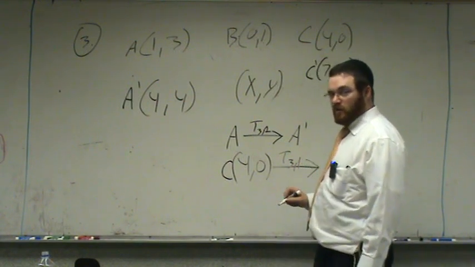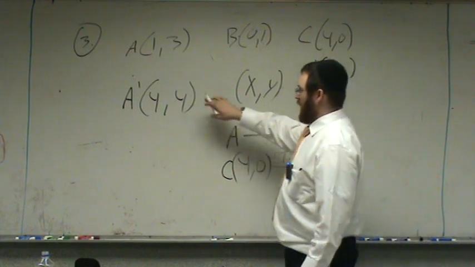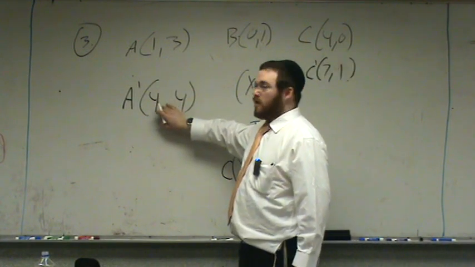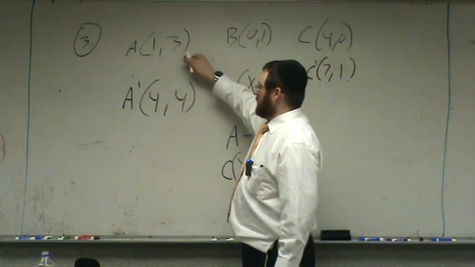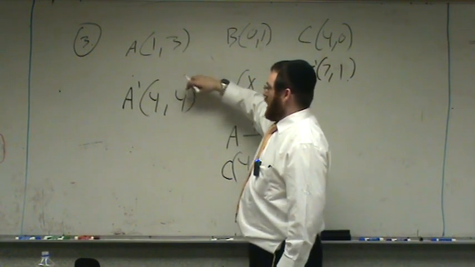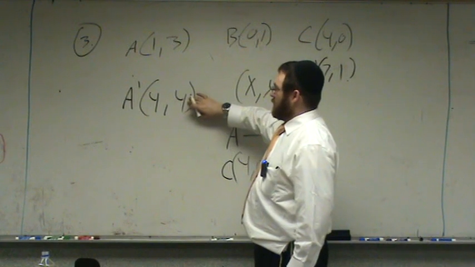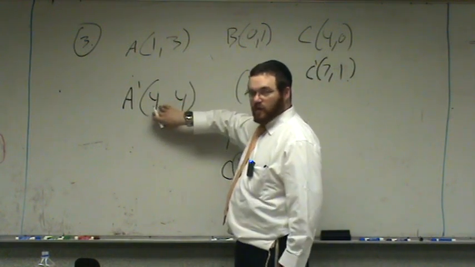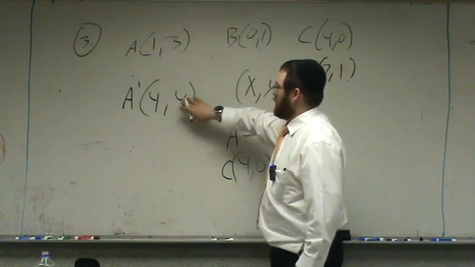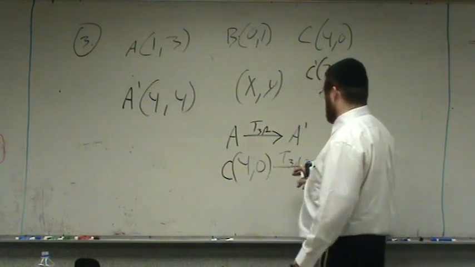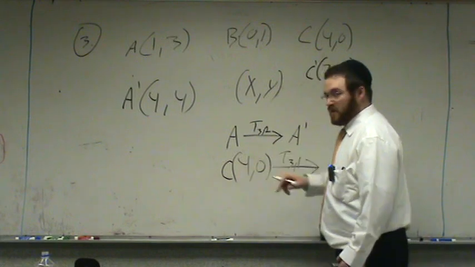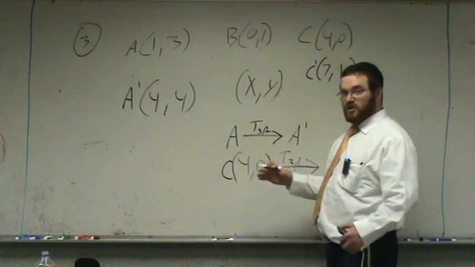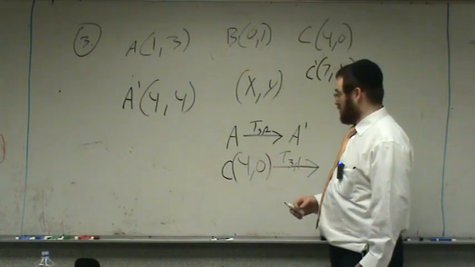That's what happened to the triangle, right? We had to add 3 to make the x from 1 to 4, and we had to add 1 to make the y from 3 to 4. So to do the same thing, you have to do the same thing to everything, because that is a translation. Everything is under the same translation.